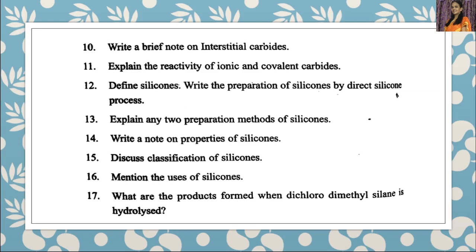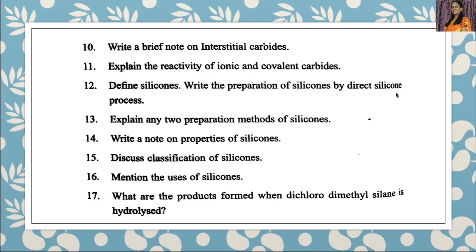Next, mention the uses of silicones. How are these silicones used, what is their importance? Silicones find many applications. One is used as silicone fluids, next silicone rubbers, silicone greases, and silicone resins. These are all different major uses of silicones.